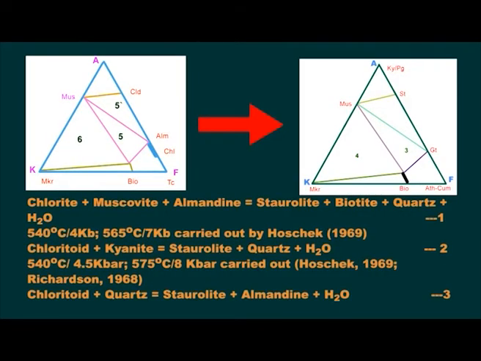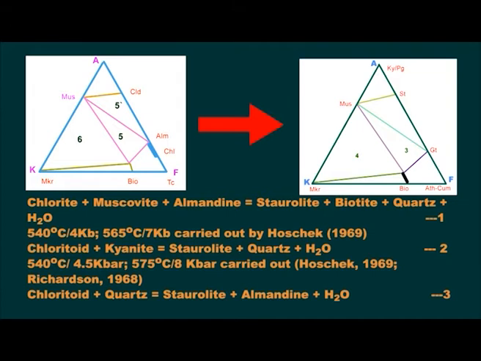The transition from greenschist to amphibolite facies is best recognized by the diagnostic first appearance of staurolite and disappearance of chlorite and chloritoid in the presence of muscovite and quartz. The reactions are: reaction 1, chlorite plus muscovite plus almandine garnet give rise to staurolite plus biotite plus quartz plus water.